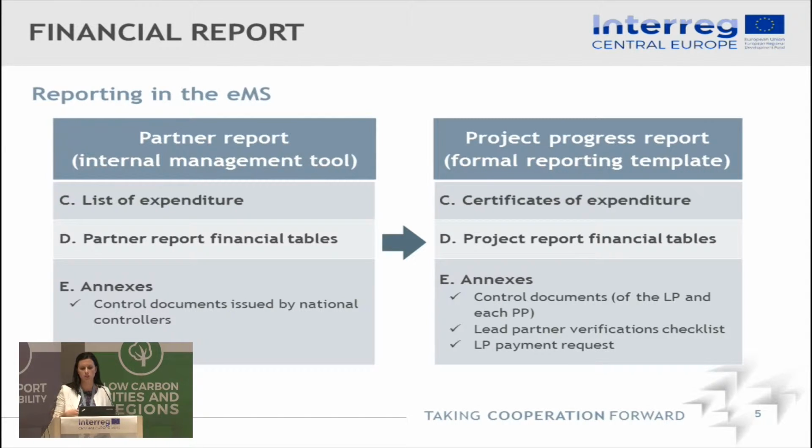And you will also include these annexes in the joint progress report, where you include the control documents of all the partners, as well as your lead partner verification checklist, where you verify that all the expenditure that is reported really relates to the project, that all the flexibility thresholds are respected. And then you have also the lead partner payment request, where you make a request to the program for the reimbursement of the funds.